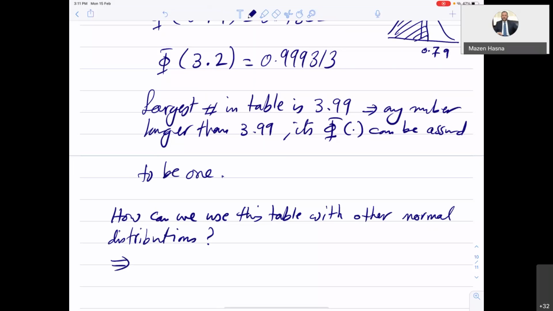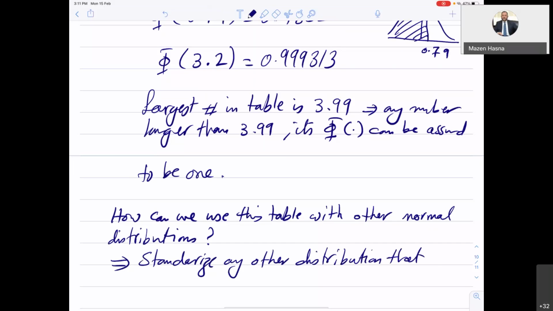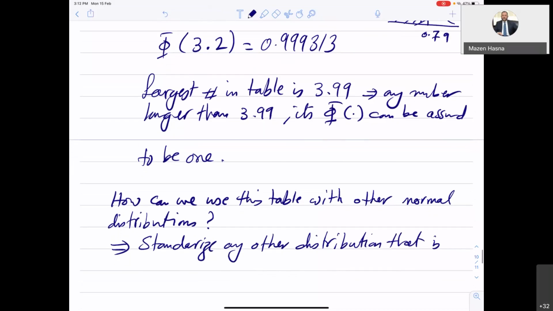And the answer is standardize any other distribution that is not a standard normal. How to do this? I think I will not get into this in this lecture. We'll do it next time.